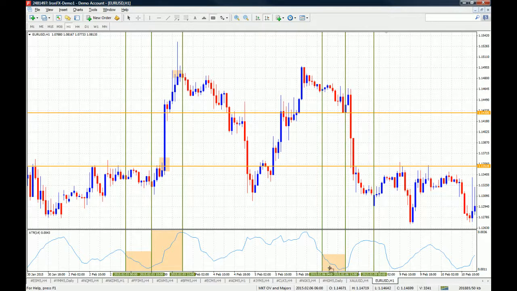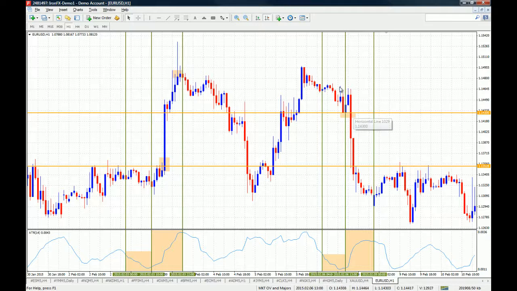We were in a period of low volatility right here, and then the oscillator starts to point to the upside in a very steep increase in volatility in the market, while we were breaking these previous levels of support.